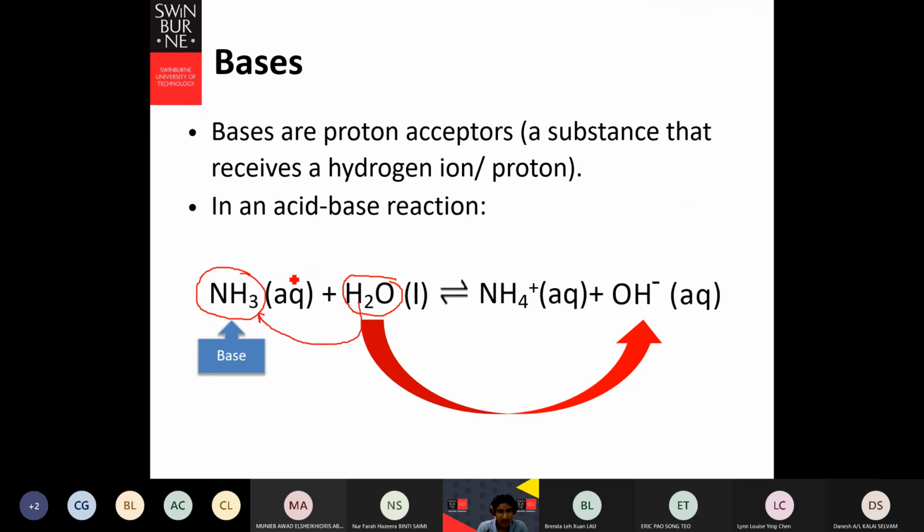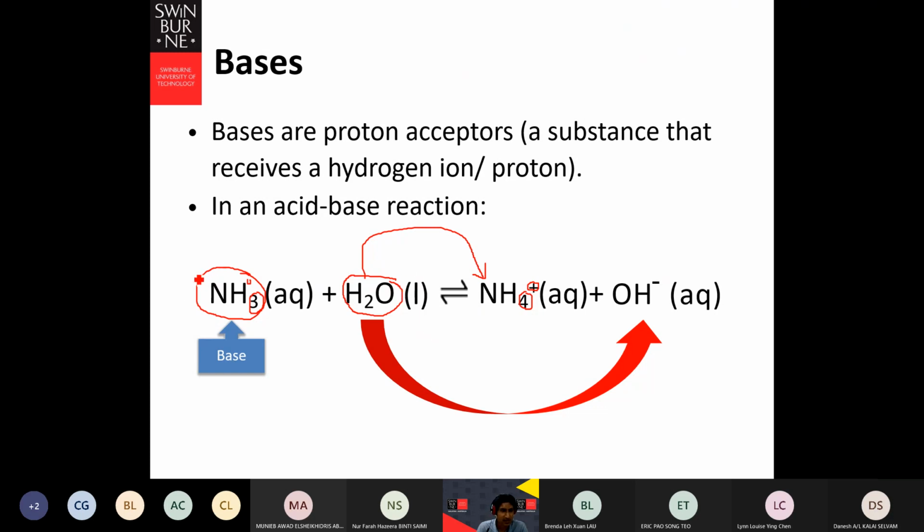How? This hydrogen goes from water to ammonia, and then previously ammonia had 3 hydrogens and it was neutral, but here it becomes positively charged with 4 hydrogens. Right? There are 4 hydrogens now.